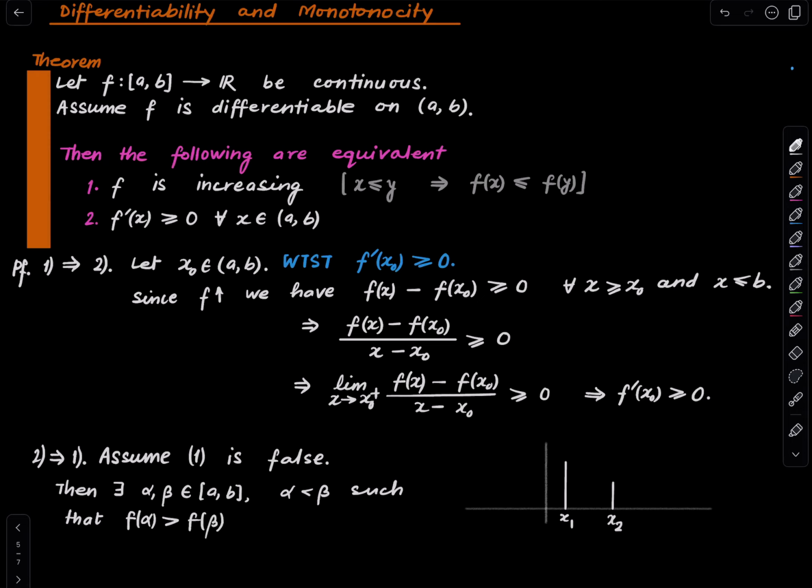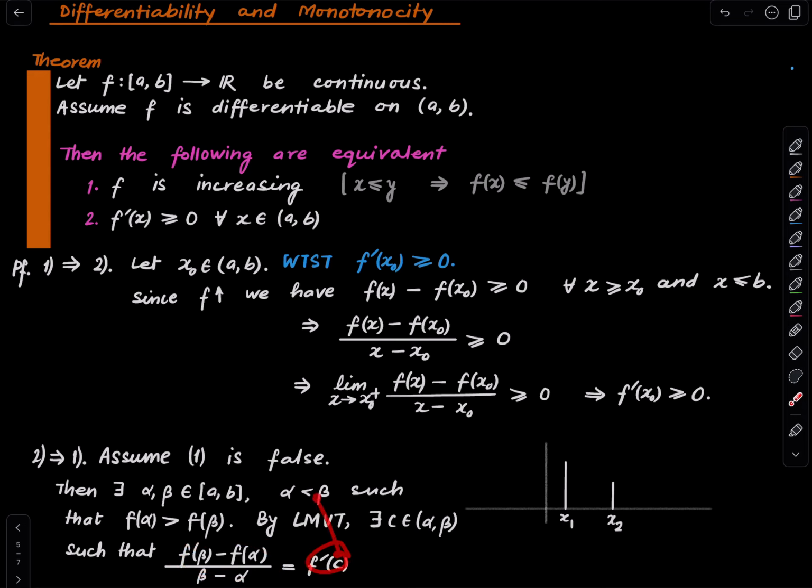But now by Lagrange's mean value theorem, there is some c in the interior of alpha and beta, or strictly between alpha and beta, such that this is the case, but this is negative. Right? Maybe I should have written it the other way. What I wrote was correct, but it's perhaps better to write it this way. So this is negative, and therefore f prime c is negative, but f prime c being negative contradicts the hypothesis.